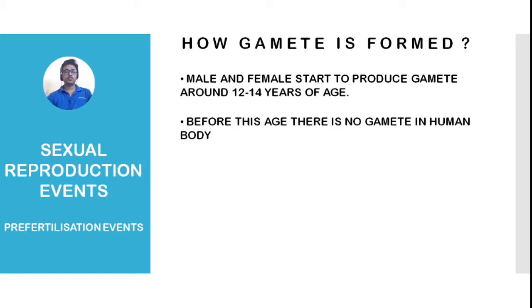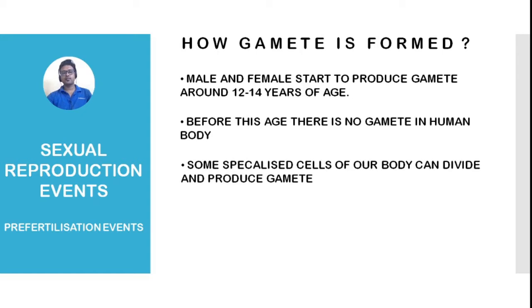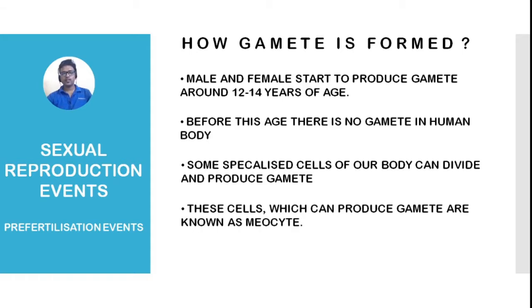Okay, so the next question is where this gamete comes from at 12 to 14 years of age. Actually, in our body, there are some specialized cells that can produce gamete by cell division. I repeat again, some specialized cells present in our body can divide and produce gamete. These specialized cells are commonly known as meiocytes, the gamete producing cells present in parents.